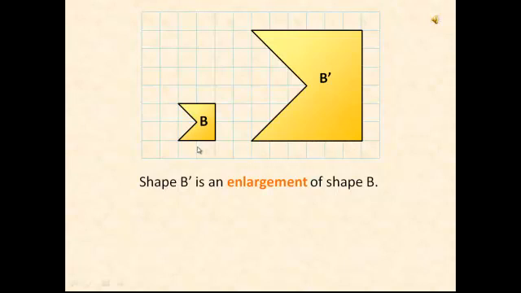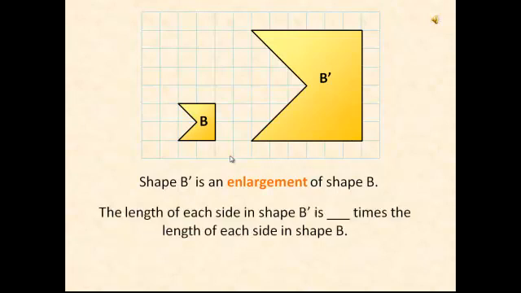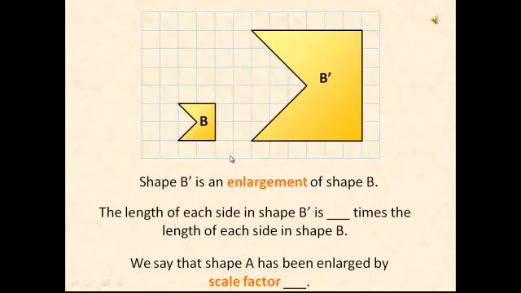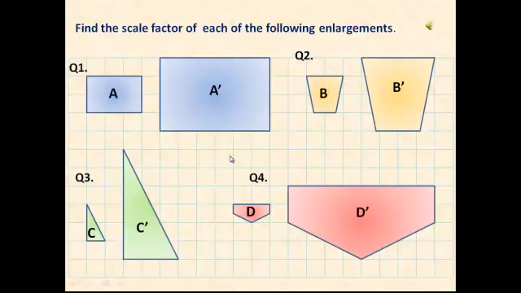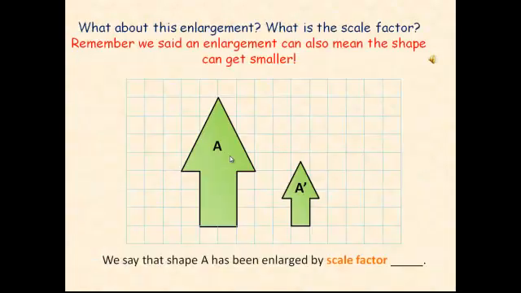So how does 2 become 6? By multiplying it by 3. So the scale factor is 3. I need each one of you to find the scale factor of each of the following enlargements. After that, you will have the answers in the next slide.